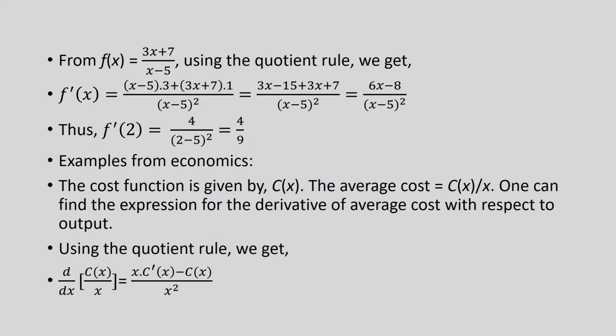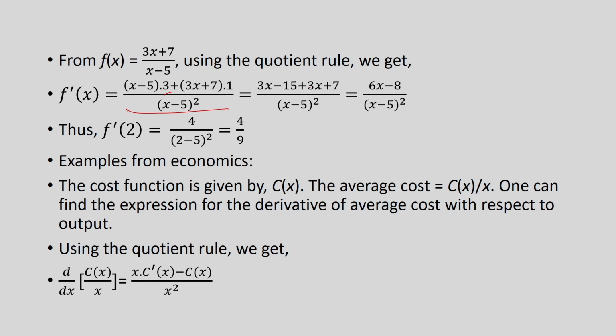So, we use the quotient rule, we get this. In the denominator you have the square of the denominator of the original function, which is (x - 5) whole square, and in the numerator you first have the denominator x - 5 multiplied by the derivative of the numerator, which is 3, plus the numerator, which is 3x + 7 multiplied by the derivative of the denominator, which is equal to 1.